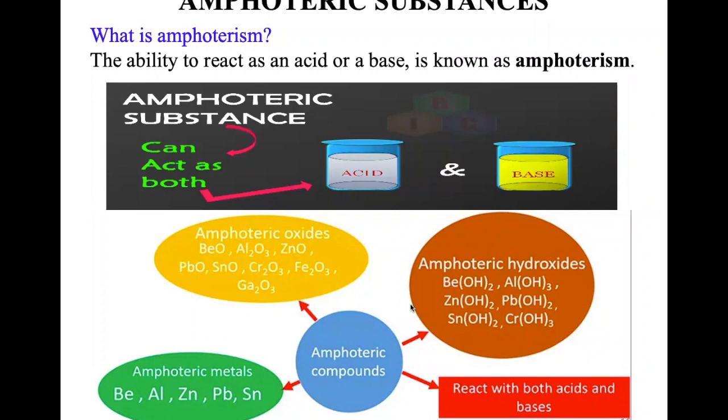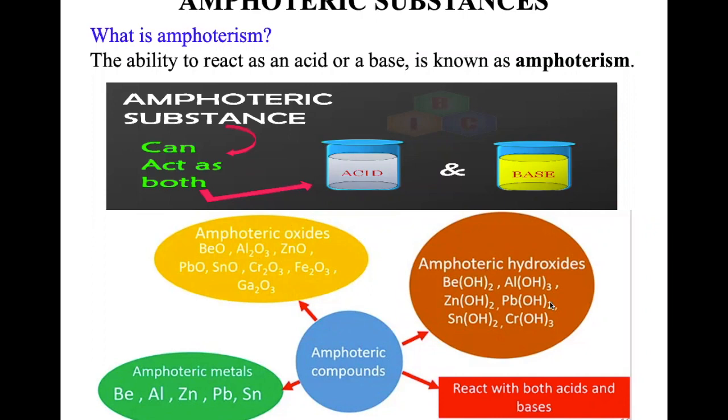So in exam, many times the question can be changed. Give me names of amphoteric metals. Remember only two over here, aluminium and zinc. Then amphoteric oxide: put oxide along with the aluminium group, aluminium oxide, zinc oxide. Then amphoteric hydroxide: aluminium hydroxide and zinc hydroxide.